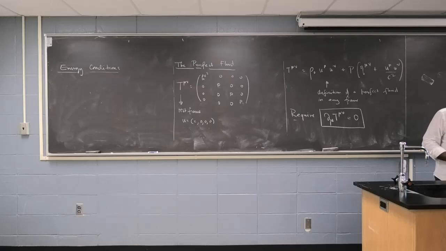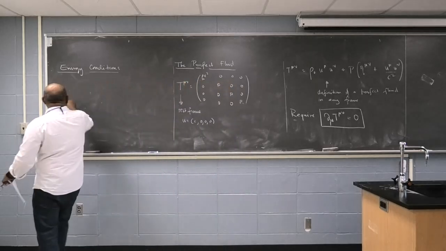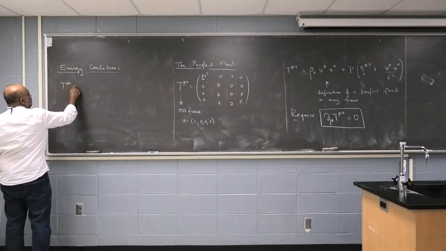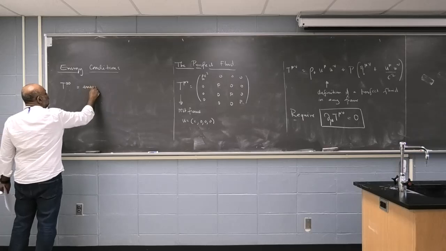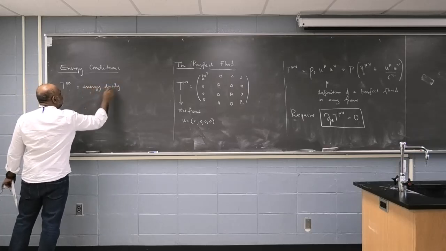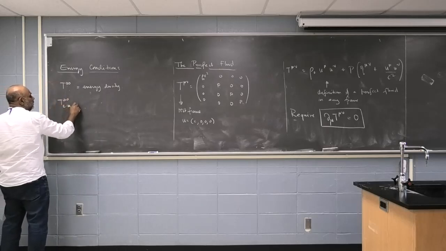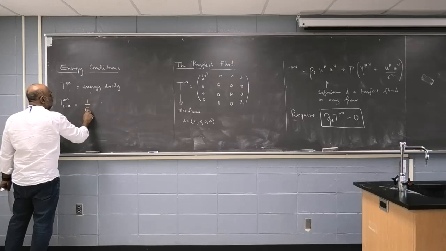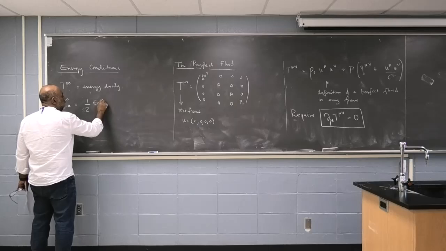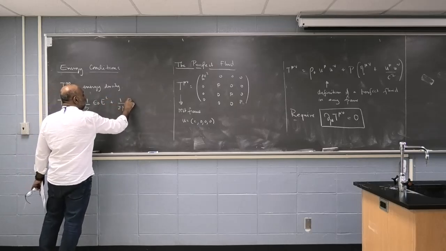So let me again harken back to what we know. In general, what is this? This is the energy density, right? For example, what is T00 of the electromagnetic field? It's 1 over 2 epsilon naught E squared plus 1 over 2 mu naught B squared.